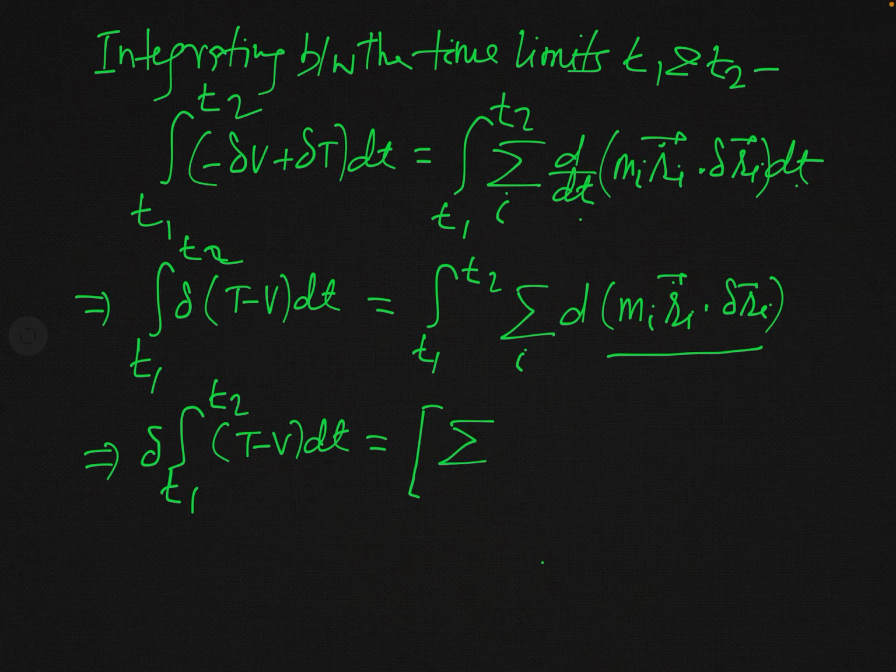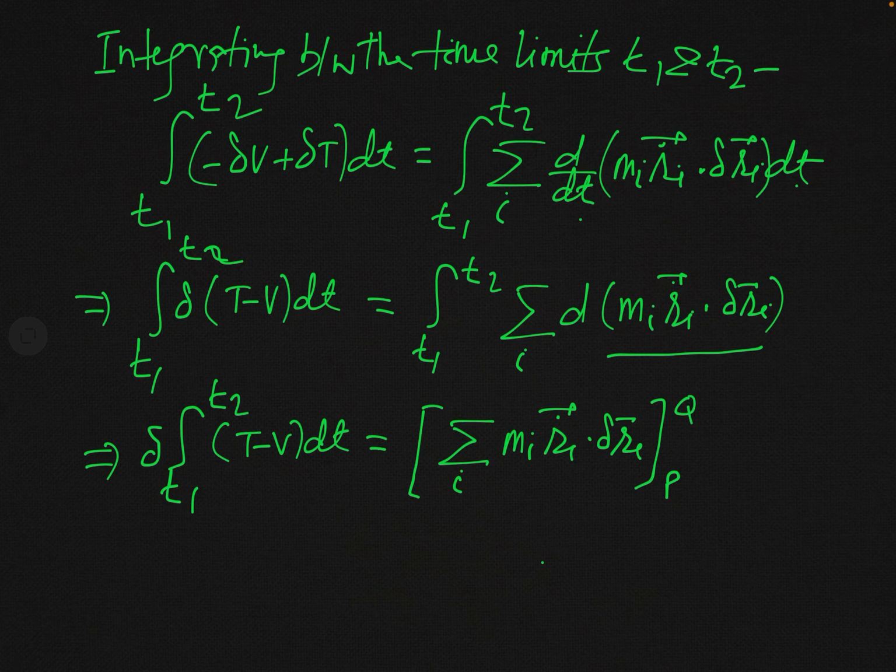This is summation over i mi ri dot delta ri, and the limits for t1 you may write point P, and for t2 you may write Q.